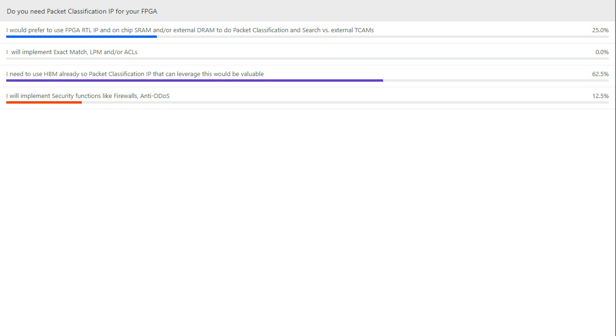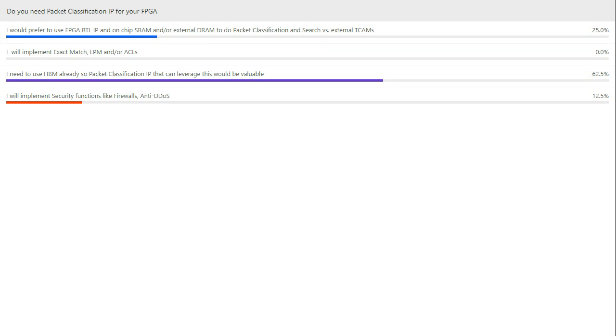Using HBM is fascinating as well, because I know the devices with HBM on them are a little bit on the pricey side. But we have also found that they're becoming very common these days, and taking advantage of that allows you to have larger table sizes and even up the frequency at which you can operate. This is very similar to the feedback we've been getting from some of our other customers as well.